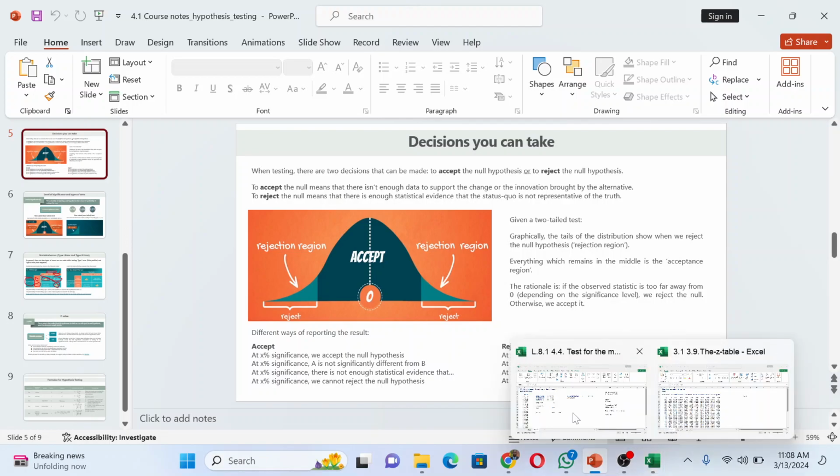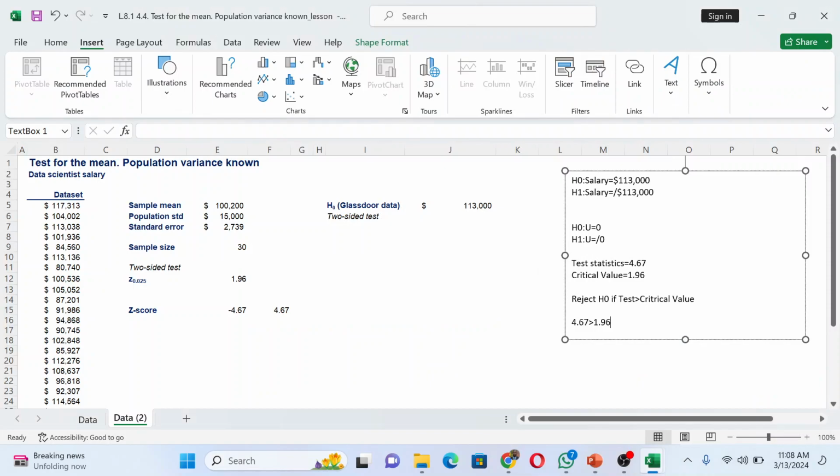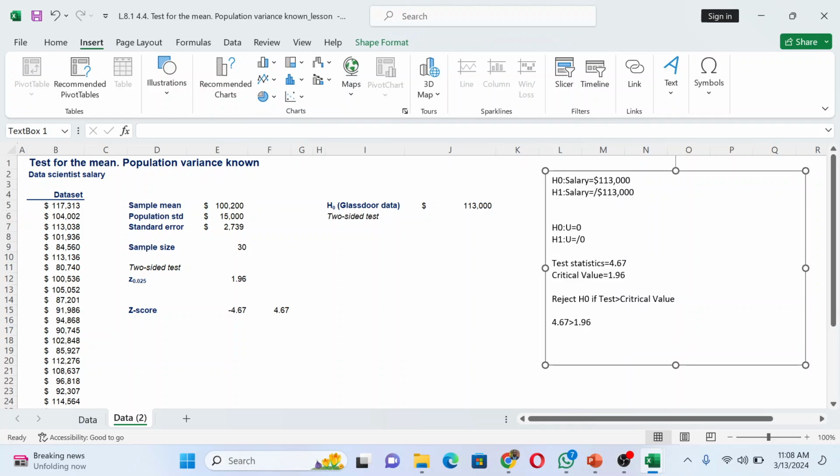So we are going to conclude by saying that at a 5% significance level, we reject the null hypothesis.